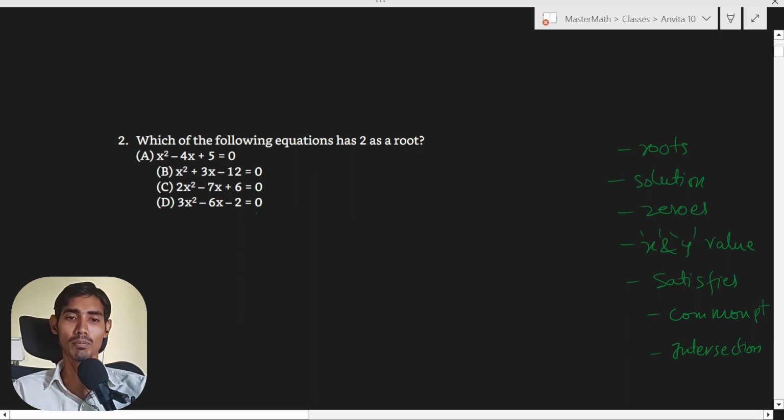Here it is just one quadratic parabola that you are getting, so no intersection or common point, but still solution means roots mean the solution. It has 2 as a root, I need to check for every option.